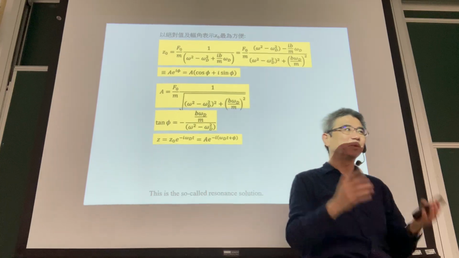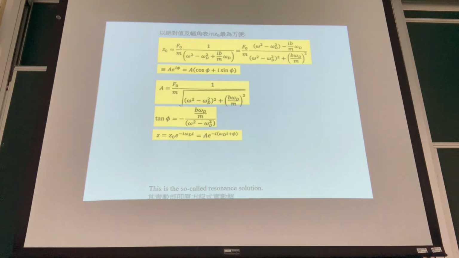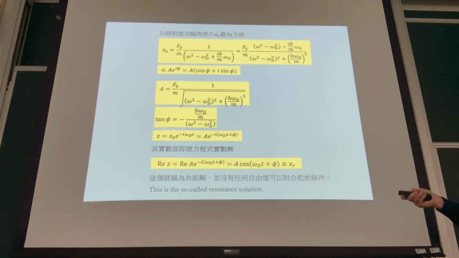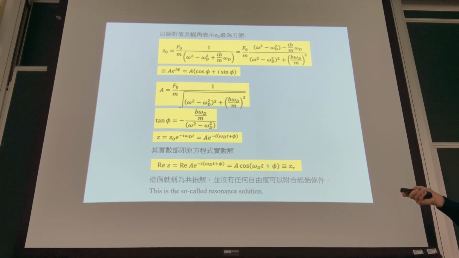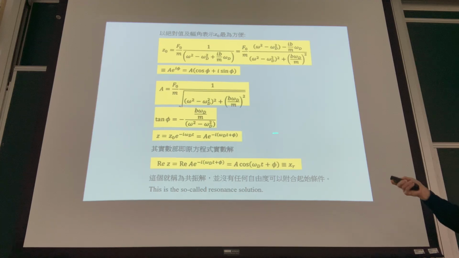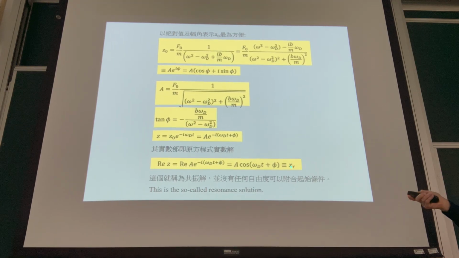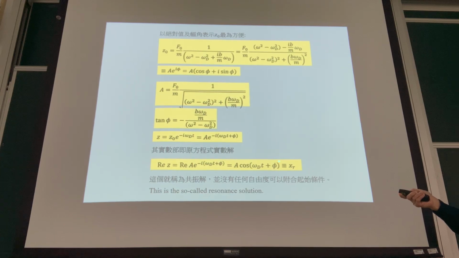They are both specified. And if you take the real part, the solution will be A cosine omega d t plus phi. This you can check with my earlier presentation. This is exactly the resonance solution.